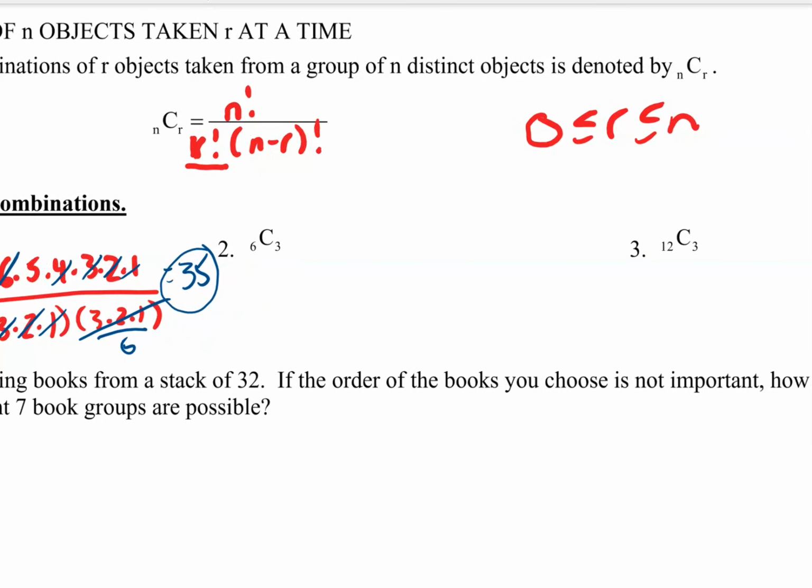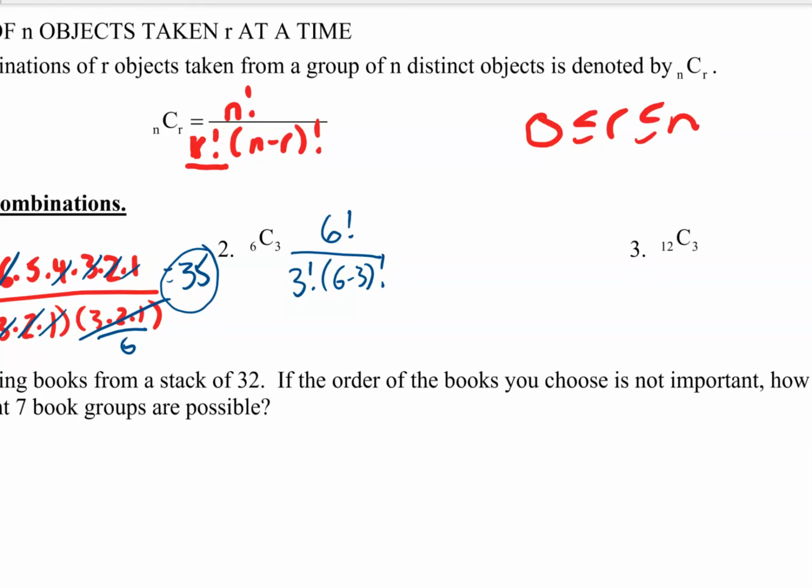Problem number 2, combination, 6 items taken 3 at a time. How many different ways can we do that? Well, on the top, 6 factorial divided by 3 factorial and 6 minus 3 factorial.